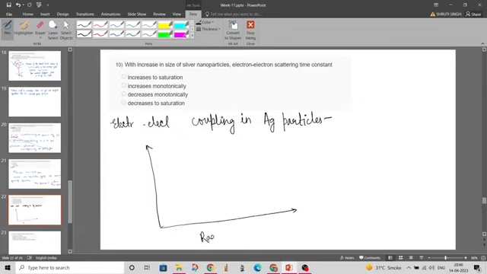This is the radius of the nanoparticle increasing in this direction, and this is the coupling, starting with 100, 200, 300, and then it comes to saturation for other radii. So with increase in the size, it increases and then saturates. So the answer to this question is, it increases to saturation.